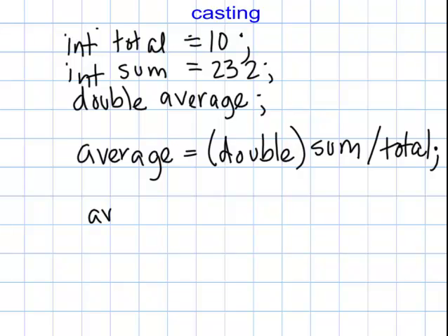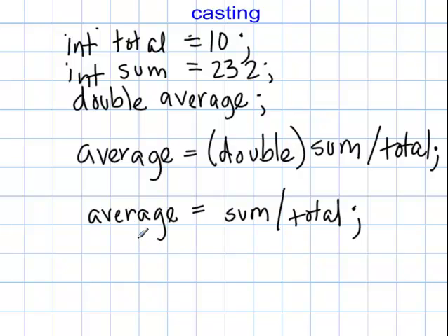If we would have just written, and it's a very common mistake, sum divided by total, here's what would have happened. Sum is an int, total is an int, we would have gotten 23. We assign that to a double, so we think that the computer is smart enough to know, well, we really meant 23.2, but right here, this operation occurs first, which is an integer division operation.